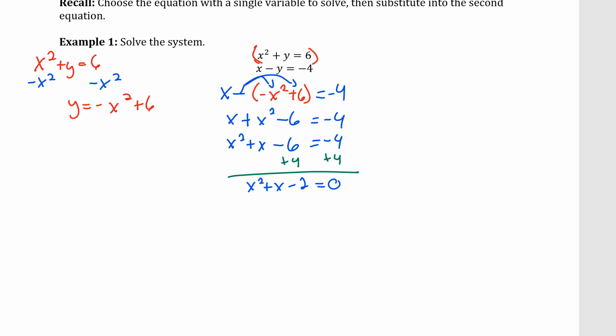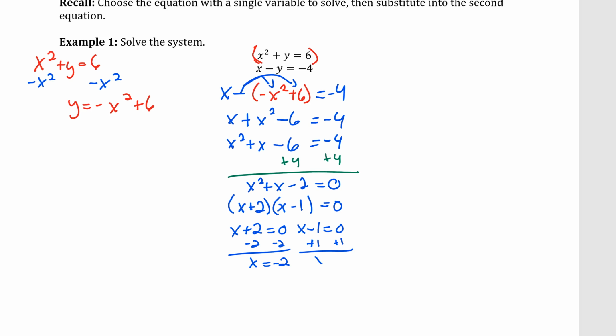I'm going to factor two numbers that multiply to give me a negative 2, that add to give me a positive 1. It's going to be a positive 2 and a negative 1. Again, you would find these exact same resulting values if you had used the quadratic formula. So x plus 2 is equal to 0, and x minus 1 is equal to 0. Solve both of these, subtract a 2, so x is equal to negative 2. Add a 1, x equals 1.